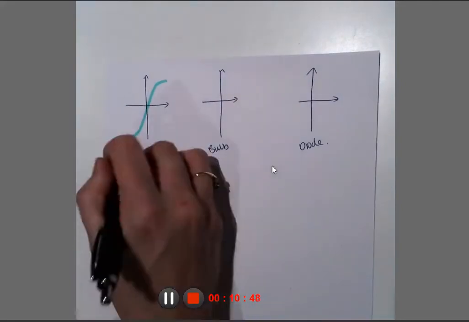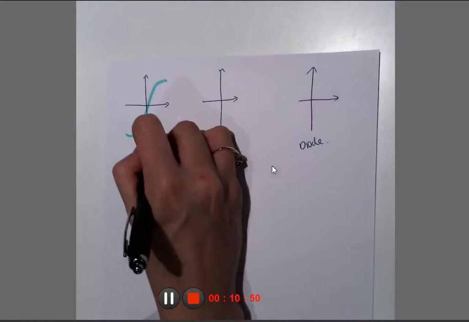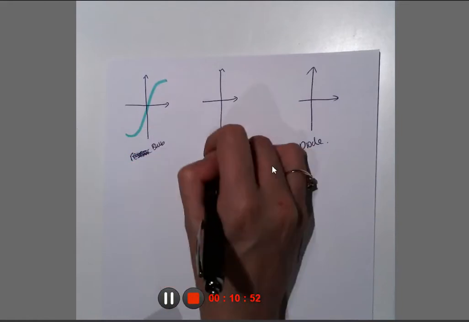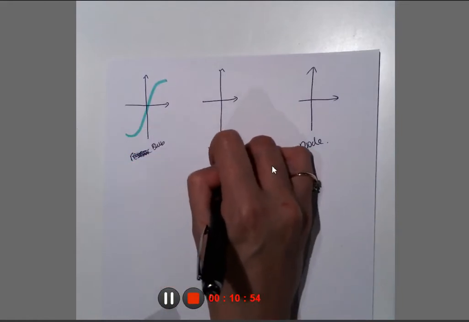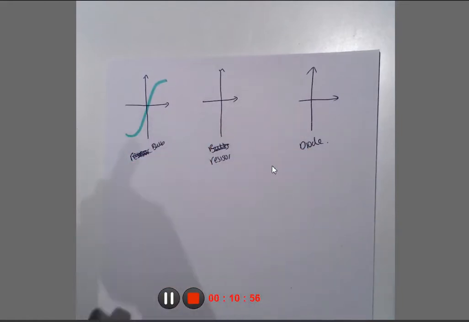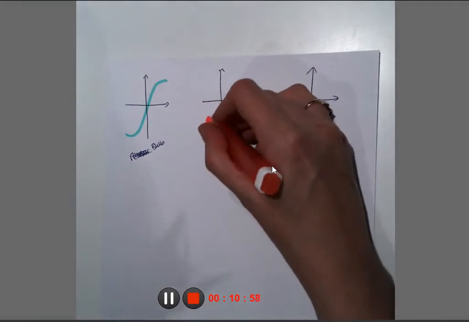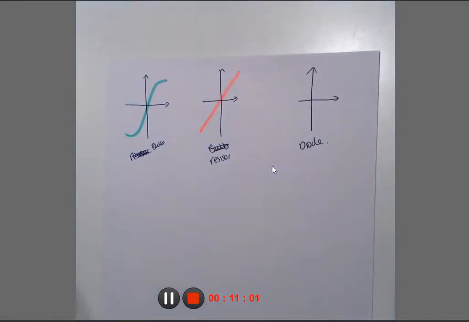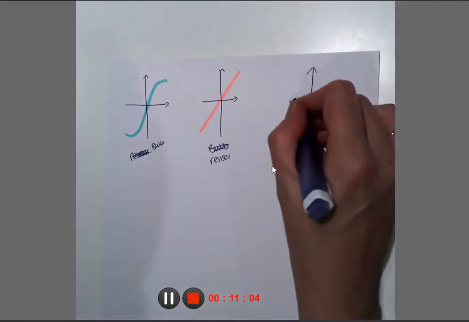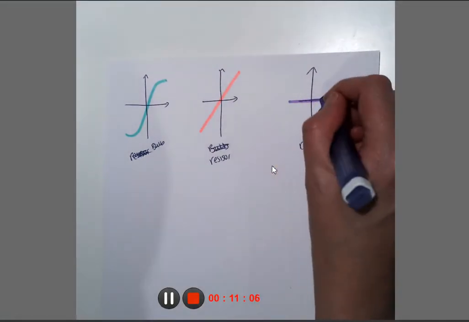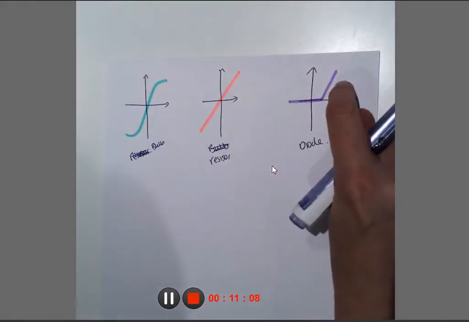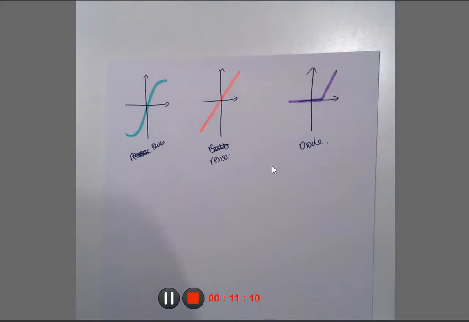This one's the resistor. I got excited. This one's the bulb. I'll make this one the resistor. So the resistor is a straight line and it follows Ohm's law. And a diode has this: no current until you're on the positive side of the voltage, and then the current increases.